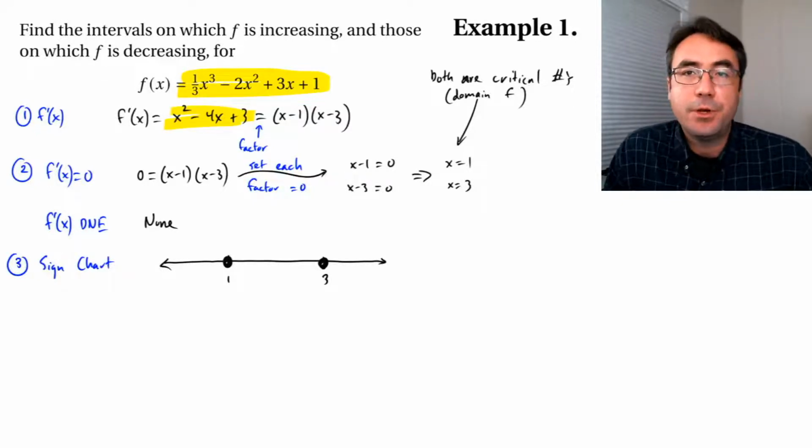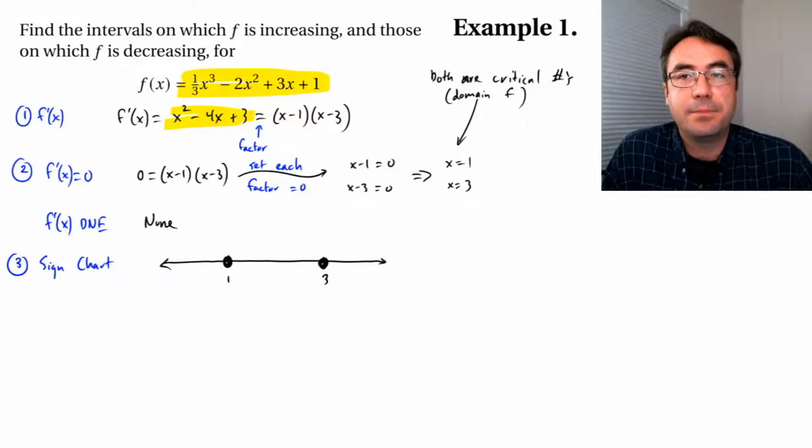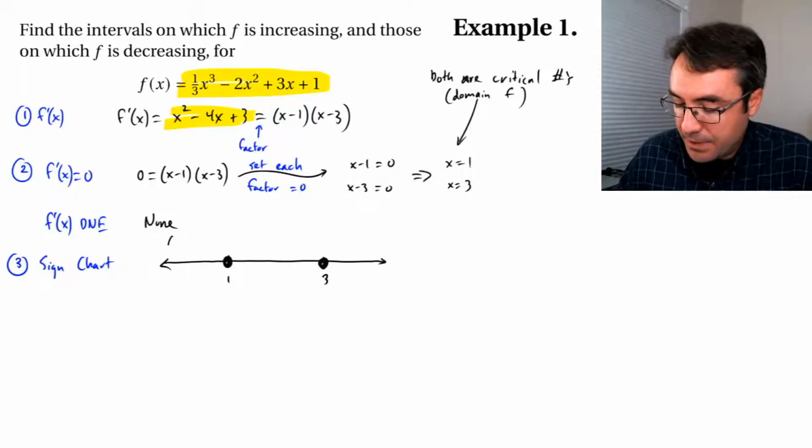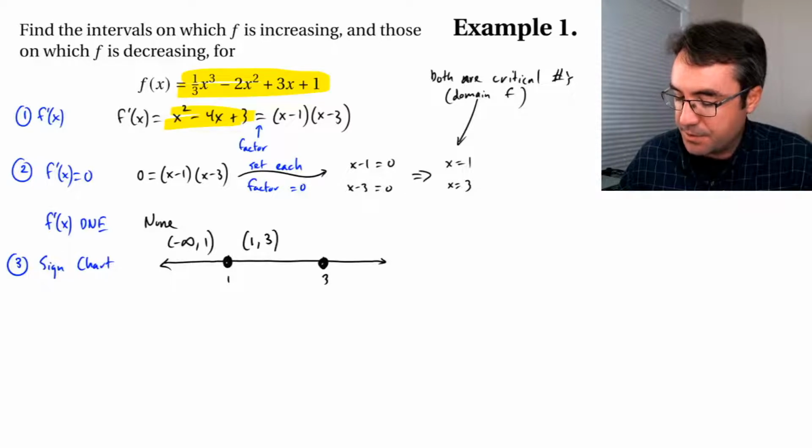So we do want to keep track of that. We'll see why that's important a little later on. But for right now, we're just going to use those closed dots to indicate that those actually are in the domain of our function. And what they do is they split up the x-axis, in this case, into 3 intervals.